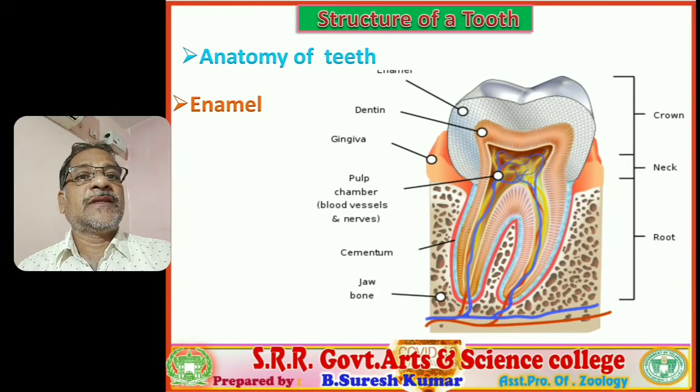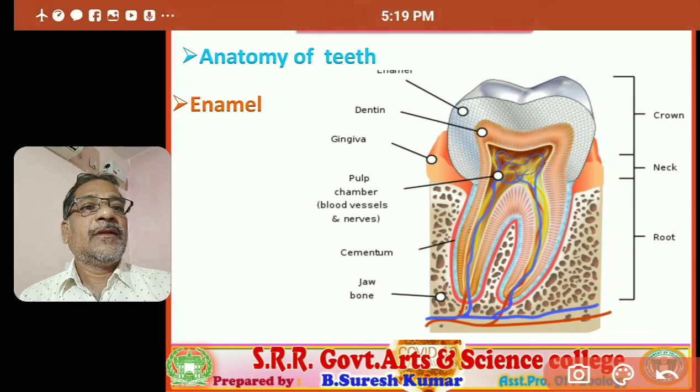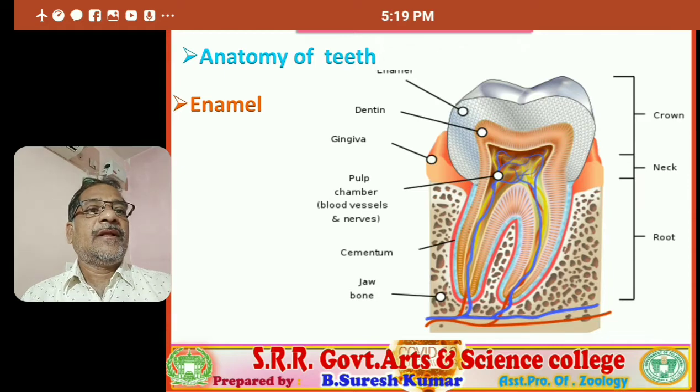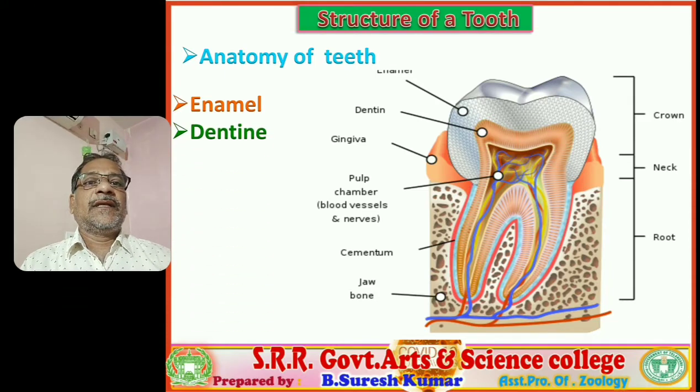It is made up of the enamel substance. It is a chemical substance, known to everyone. So this is enamel. Okay, clear? Enamel layer. Next, the remaining part of the tooth is constructed with the chemical substance dentin.